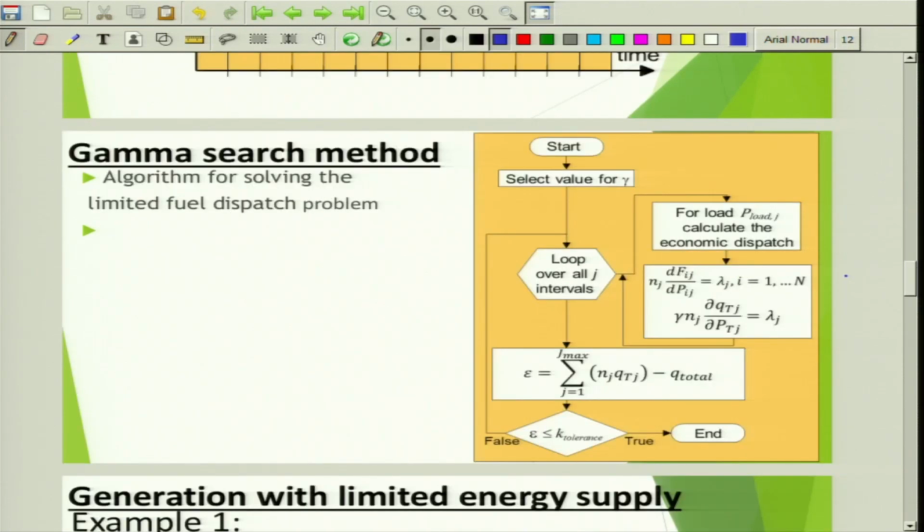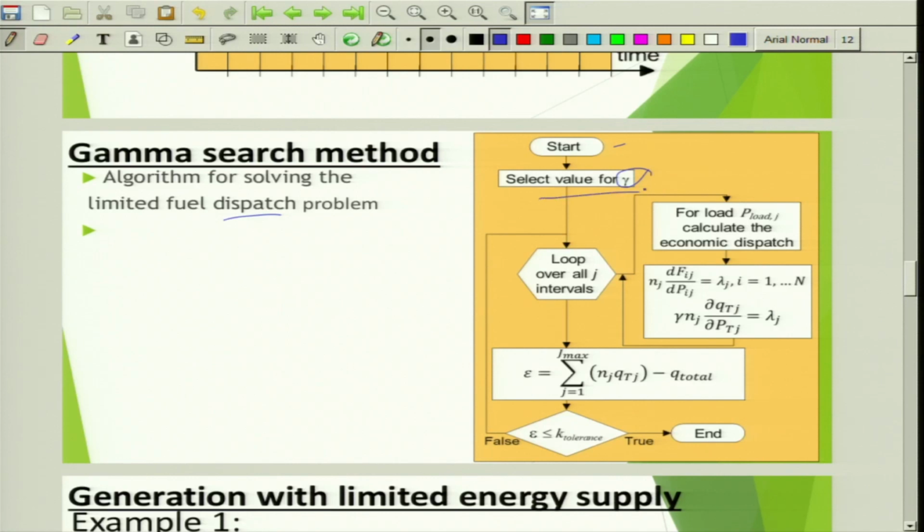Let us try to understand the gamma search method, which is helpful for solving the limited fuel dispatch problem. To start with, let us assume one specific gamma. There are two variables, lambda and gamma. If you remember the dual function, we optimized one and then solved the other, then again optimized the second one, like that. Now let us keep one as constant and try to solve for gamma and lambda.